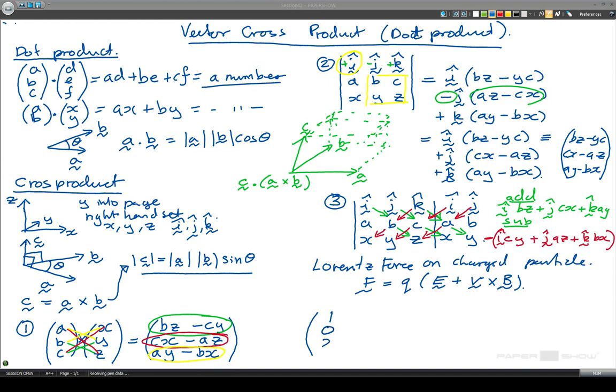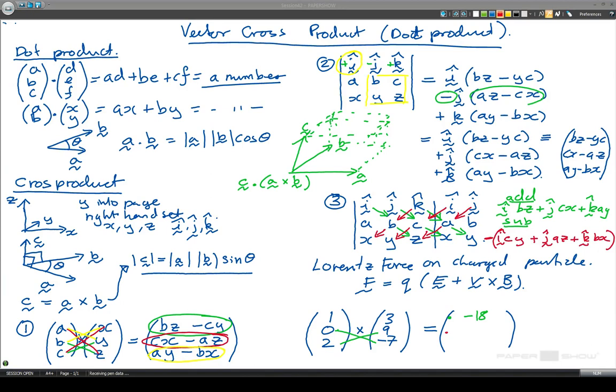If we do 1, 0, 2 cross 3, 9, minus 7, then that cross product is going to equal, for the top line here, 0 times minus 7 is 0, take away 2 times 9, so that's minus 18.